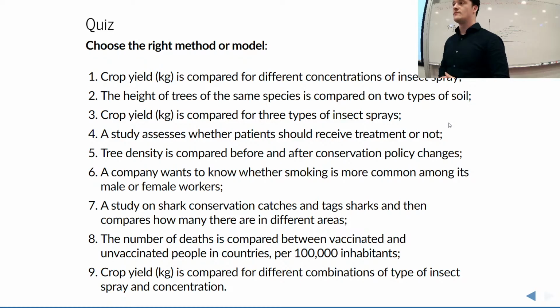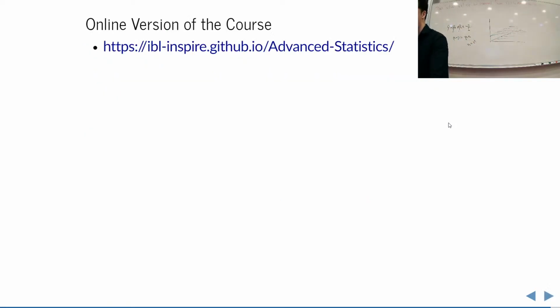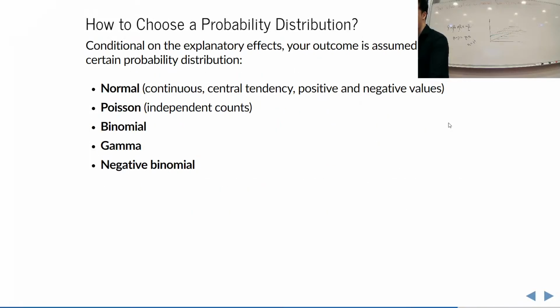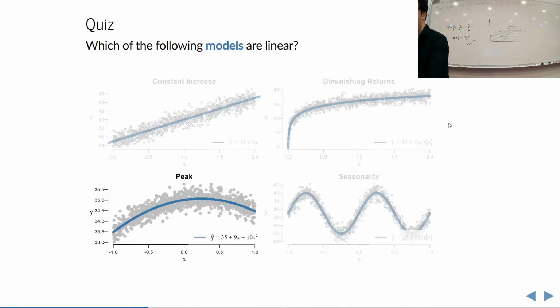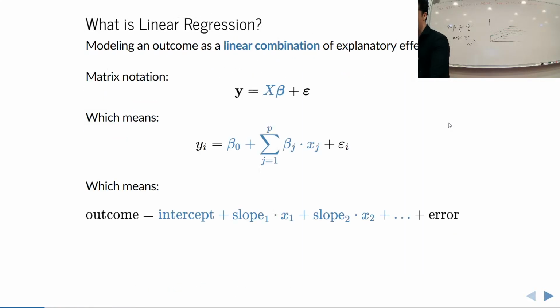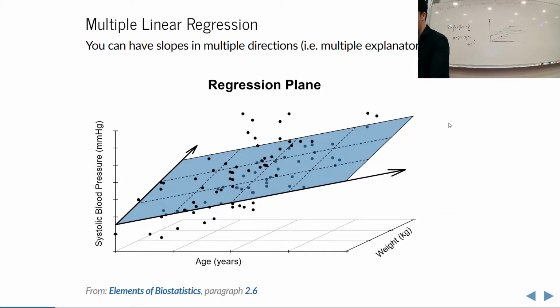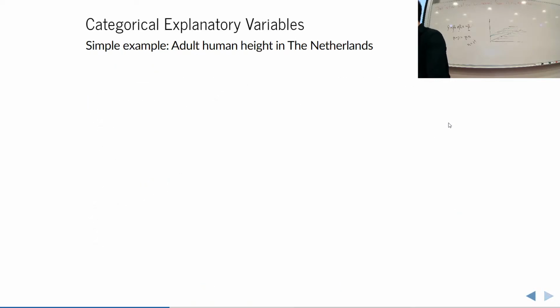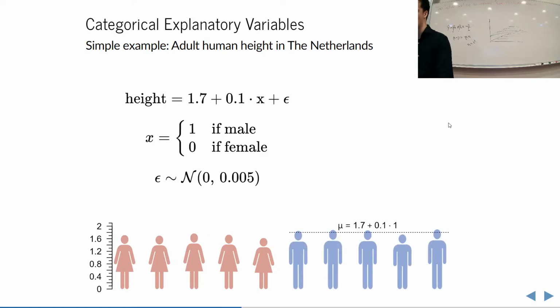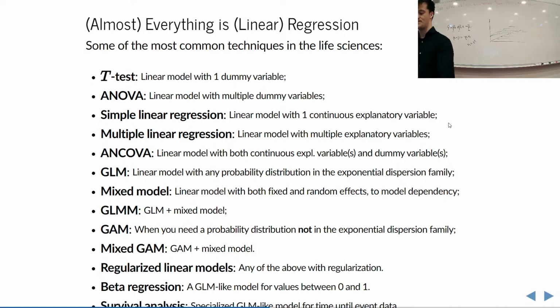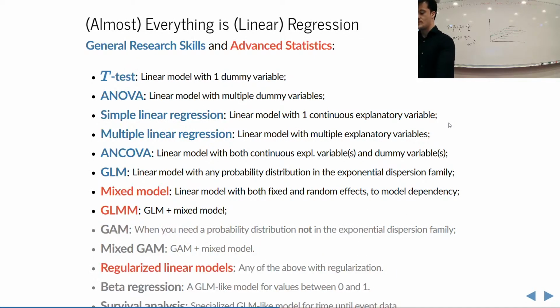Okay, so you can choose from the methods that I listed here, like t-test, simple linear regression, multiple linear regression, etc. And when you say GLM, you should specify which distribution. Other than that, those are the ones you can choose from.